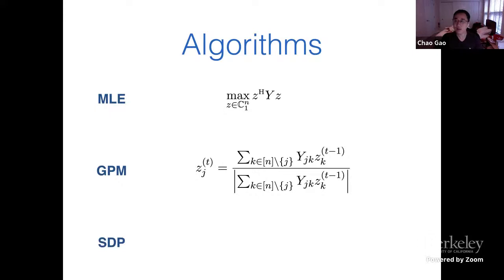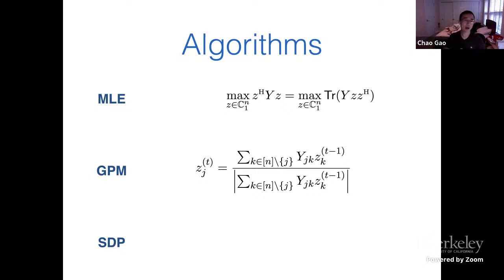And the second approximation to MLE is a convex relaxation by a semi-definite program. To derive this SDP, it's actually very simple. You just need to rewrite the objective function of MLE as the trace inner product between two matrices, the data matrix Y and the matrix ZZ transpose.